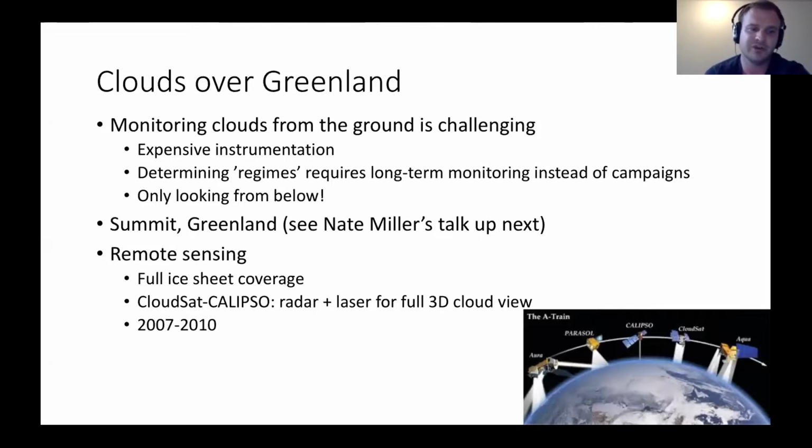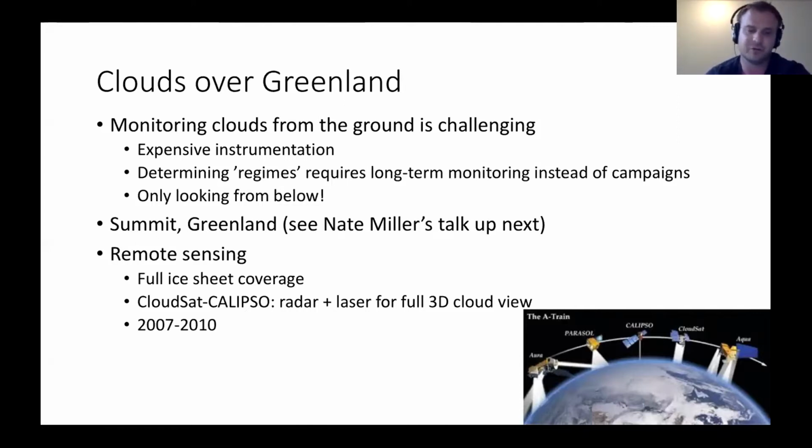Here I use NASA's A-Train observations, CloudSat and CALIPSO, which contain both a radar and a laser, so they can look from above and give a three-dimensional view of the clouds, both the very deep clouds as well as the very thin clouds.